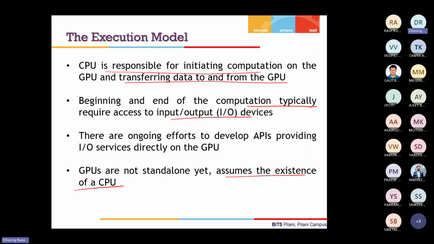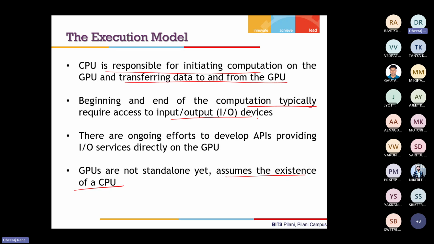Okay. So ultimately, whatever the system, the setup will remain the same, where the CPU will be responsible for initiating the computation, right? Once the computation is initiated, the data, whatever the graphic data or processing data, needs to be sent to the GPU. After that, the control will be taken by the GPU and the CPU can continue doing the rest of the work, right?